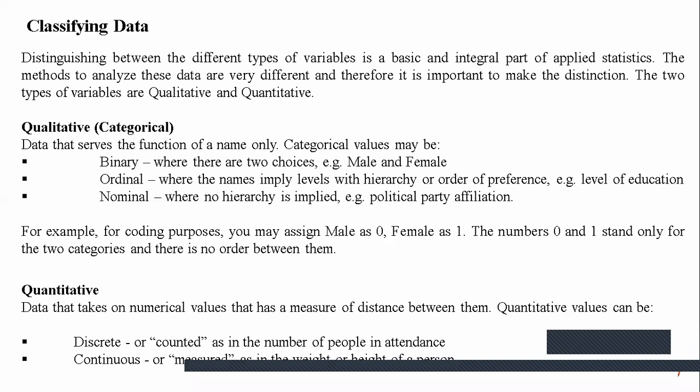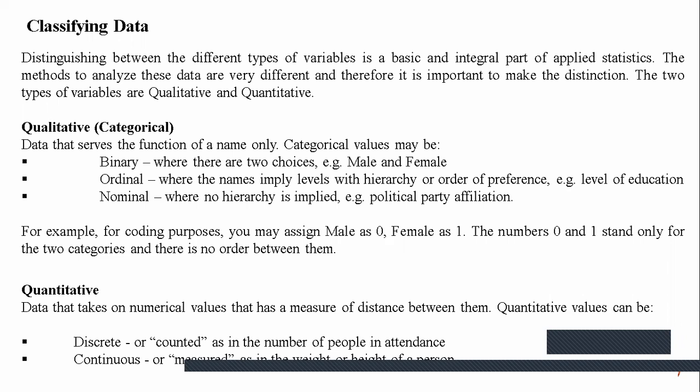Mainly we have two, ordinal and nominal, and we can also mention binary. Nominal means, for example, female and male, where there is no order to consider.